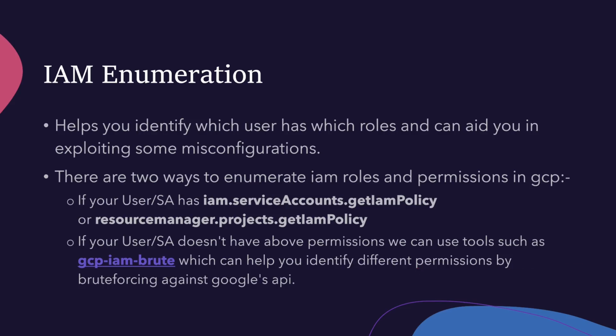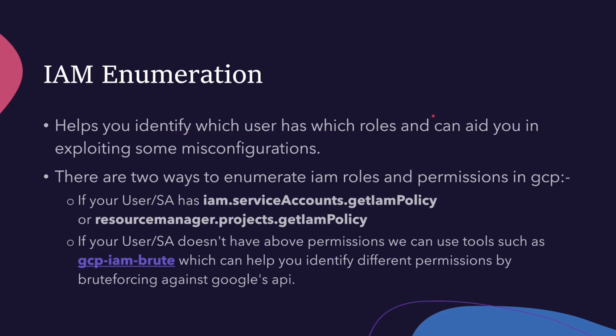Alrighty, I hope you guys have liked the previous lab. Now we will talk about IAM enumeration. Before we get started, you may be wondering why we need to enumerate IAM. IAM, identity access management, with its roles and permissions, helps you identify which user has which role.